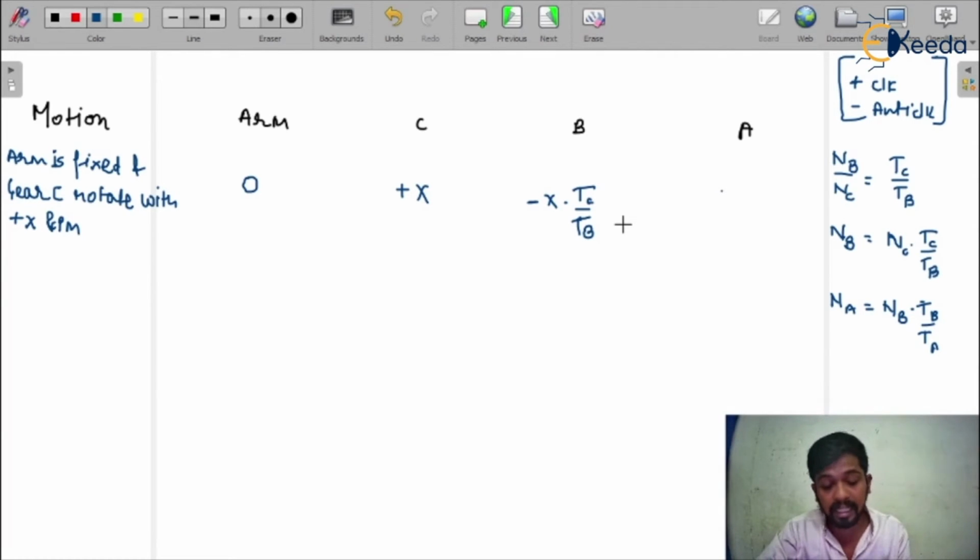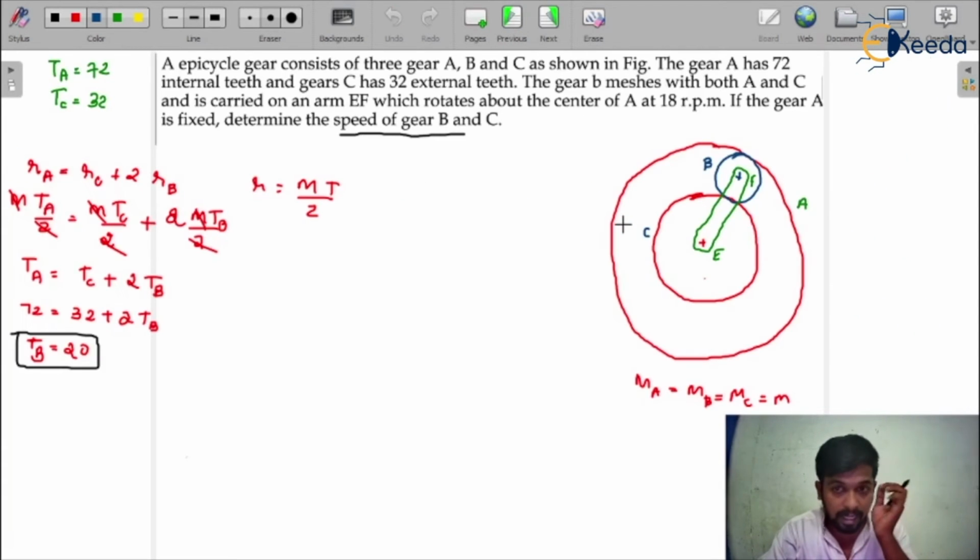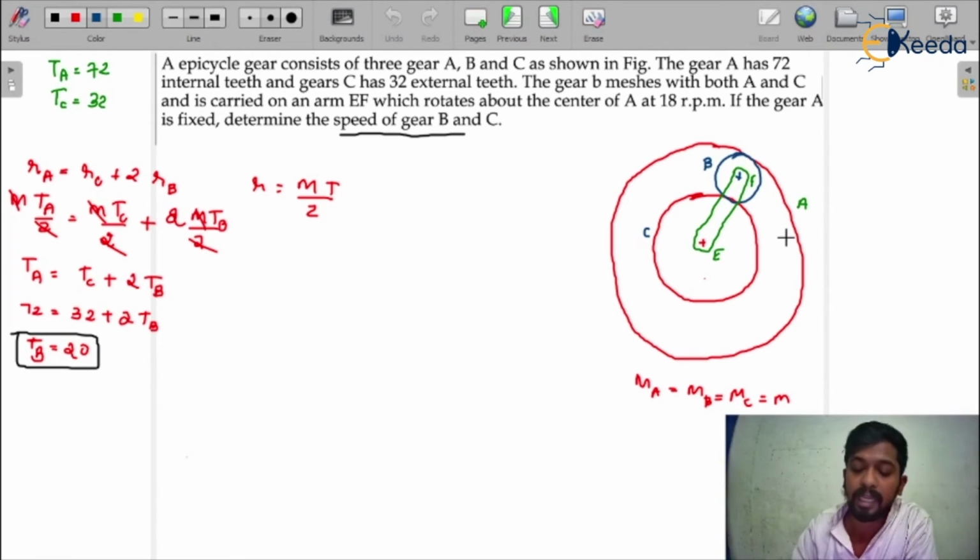In the diagram you can easily see that A has internal teeth. That means whatever the direction of B, A would have the same direction.